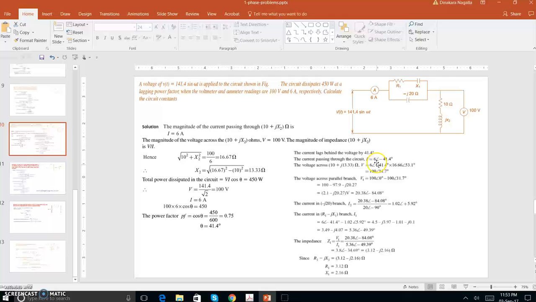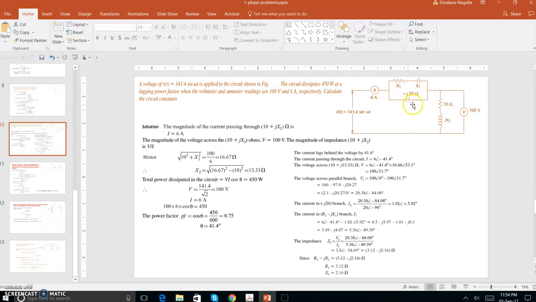Now the value of the current can be written in phasor form, and the voltage across 10 plus j13.3 can be written as 100 at an angle of 7 degrees. Now the voltage across this parallel branch can be obtained from Vs bar equal to the voltage across this plus the voltage across this. Remember, these are vectorial additions.